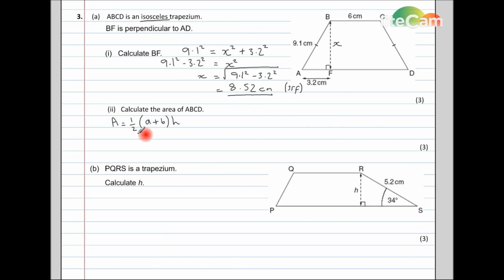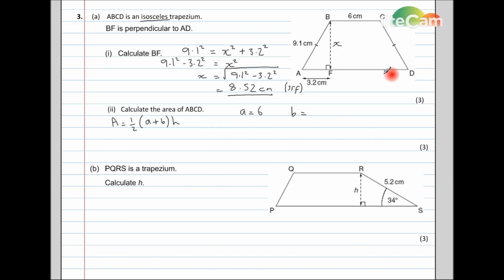Okay, so before we use this, let's work out what our values are going to be. Well, A is going to be, well, if we say that's the short side, we'll call that 6. B is going to be 3.2 plus this bit here.